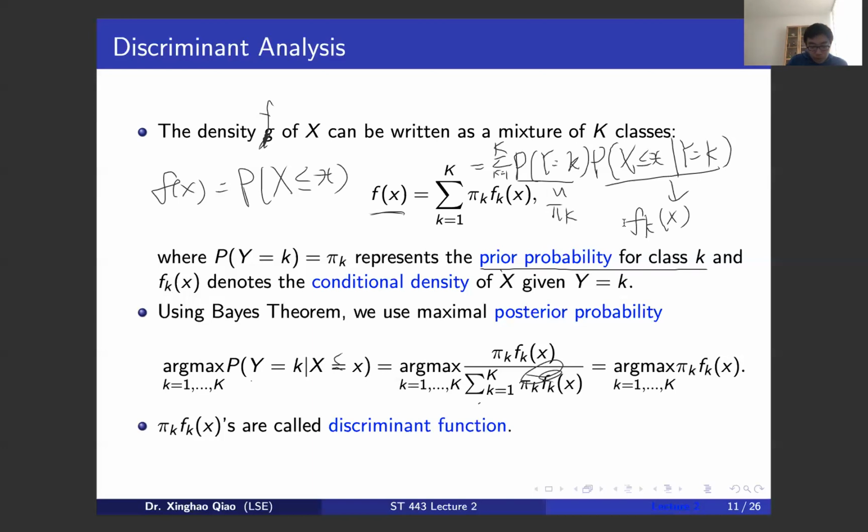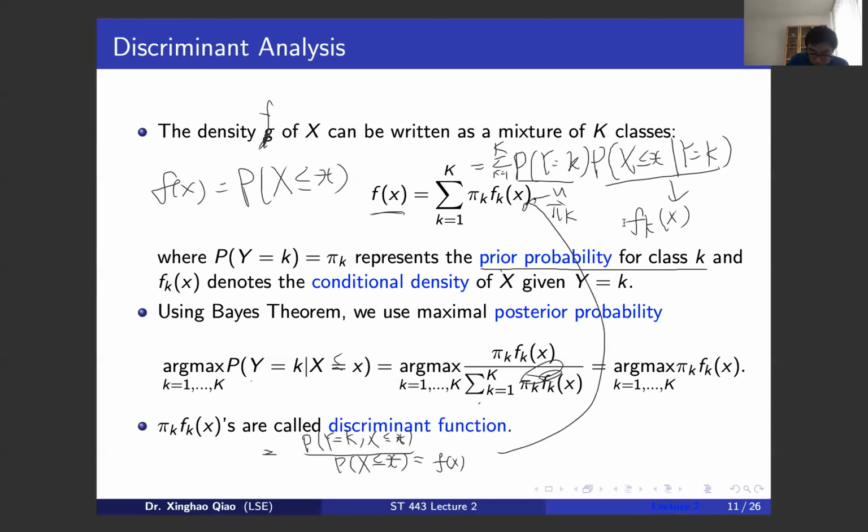Then by the Bayes formula, this equals the probability of Y belonging to the k-th class and X smaller or equal to small x, divided by the probability of X smaller or equal to small x. This is just the density function of X.